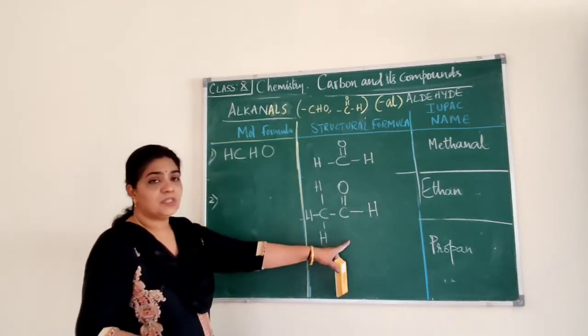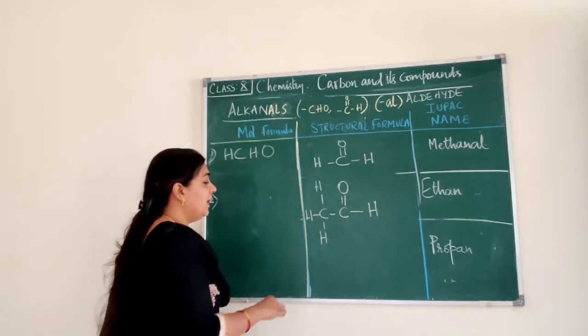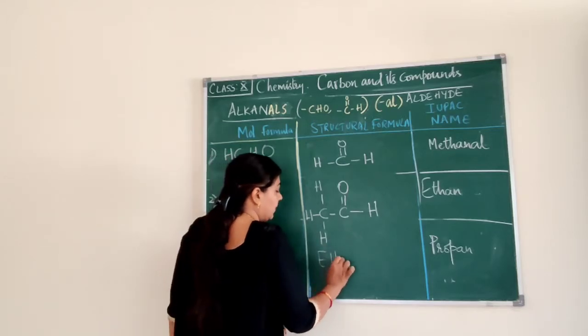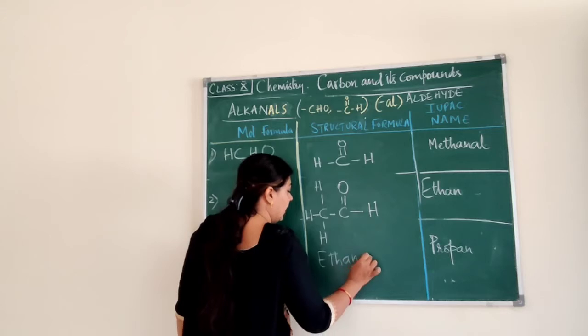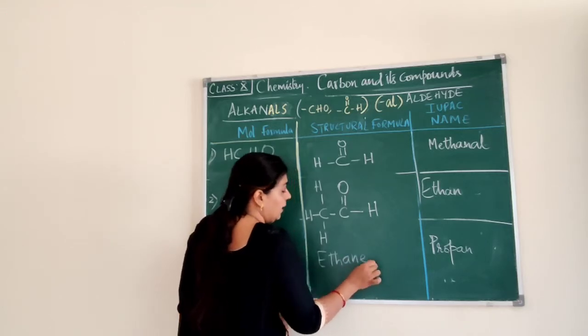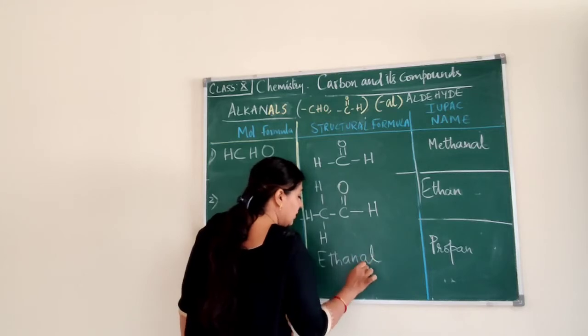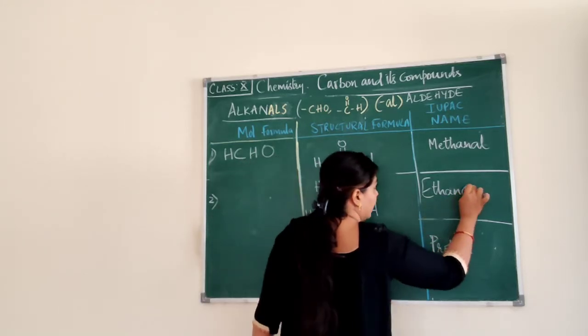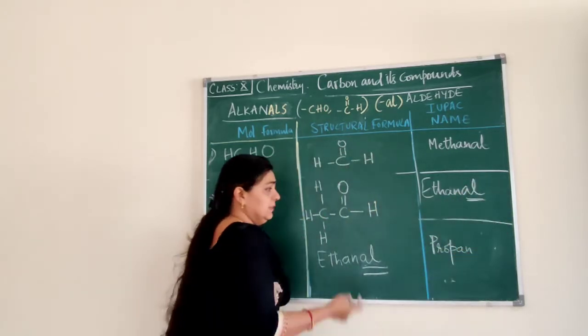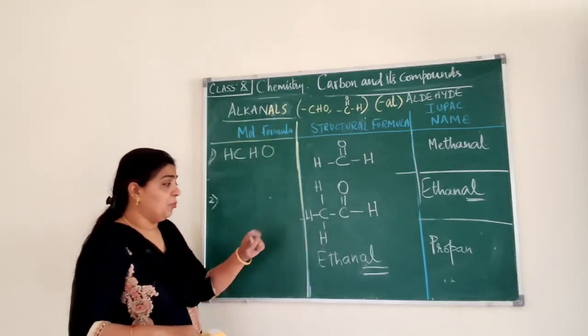So this is the structural formula for ethanal. When it is ethane, you replace the E with the suffix al, so it becomes ethanal. That is the IUPAC name.